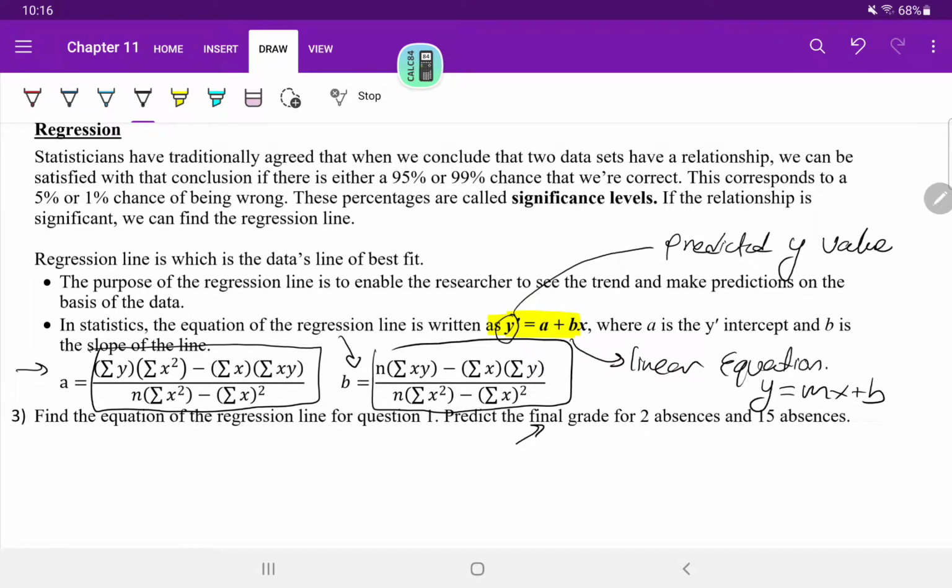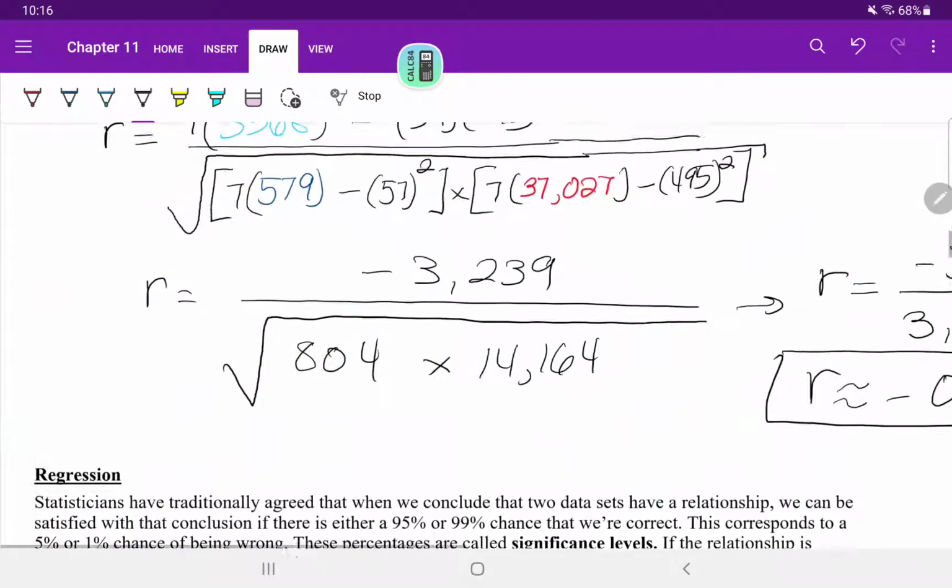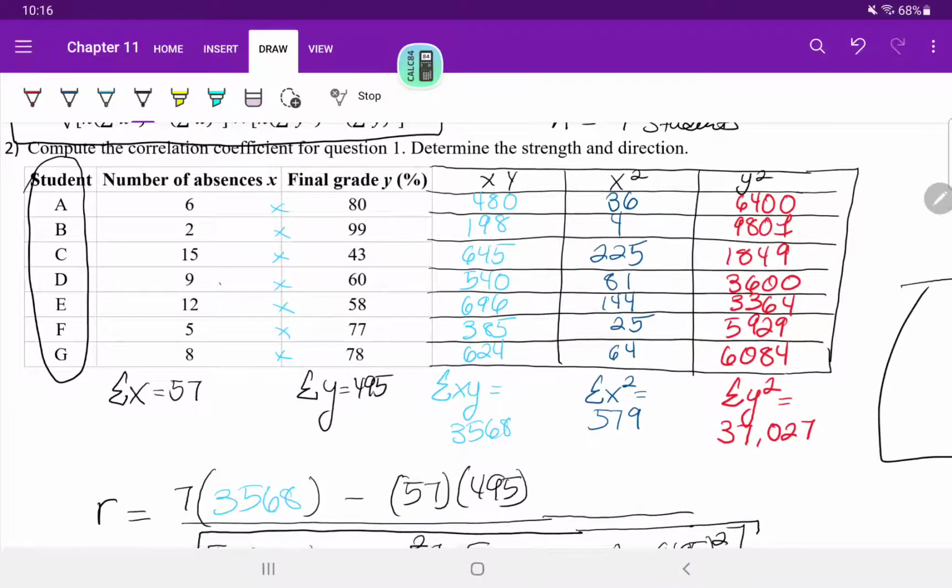Okay, let's go ahead and do that. Now, let's find the predicted y-intercept. a is equal to the sum of y, and the sum of y, once again, was 495. If you need to, you can look at these values again. You can screenshot it, write it down, and we can use it to plug it in. I'm just taking these values right here.